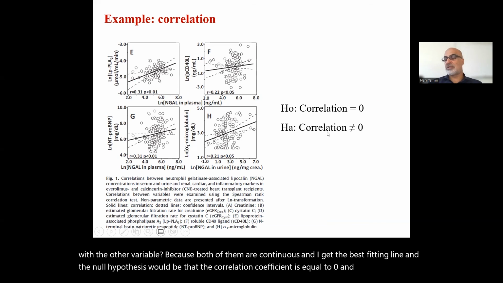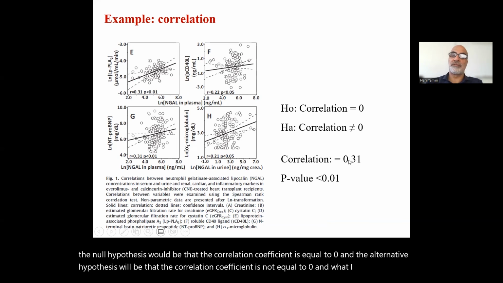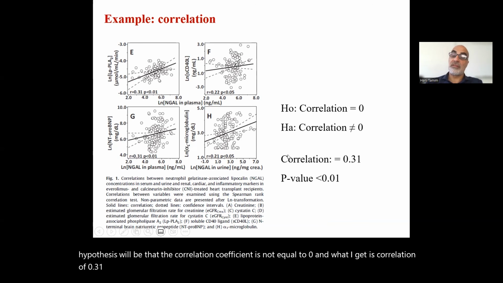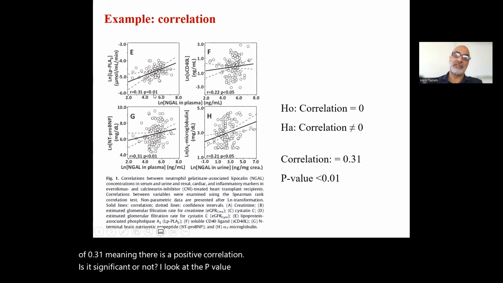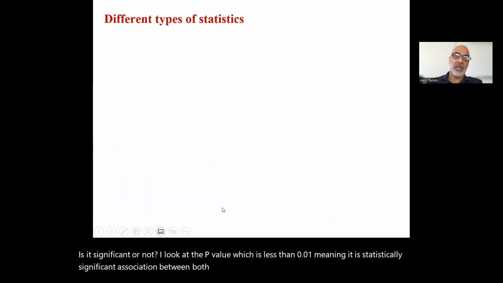And the alternative hypothesis will be that the correlation coefficient is not equal to 0. What I get is a correlation of 0.31, meaning there is a positive correlation here. Is it significant or not? I look at the p-value, which is less than 0.01, meaning it is a statistically significant association between both variables.